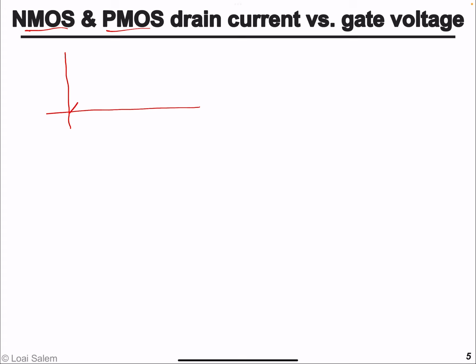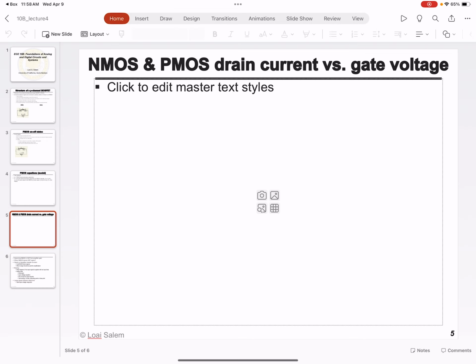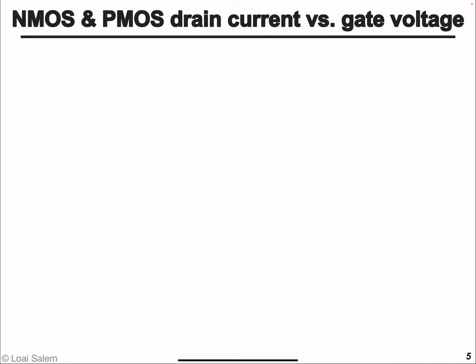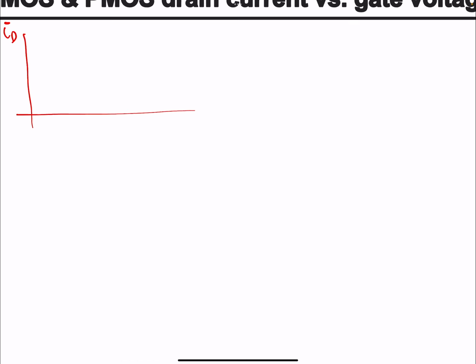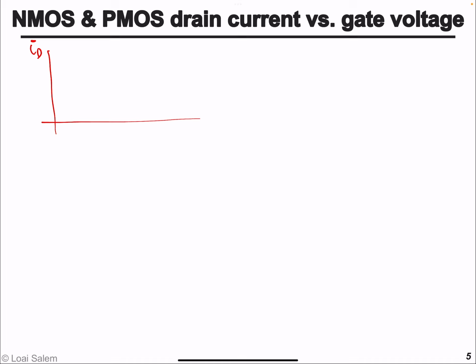Essentially, it starts linearly increasing and then it saturates to a constant value, right? That's the current versus the voltage difference across the transistor terminals, drain and source. Both PMOS and NMOS have this behavior. It increases linearly and then saturates.